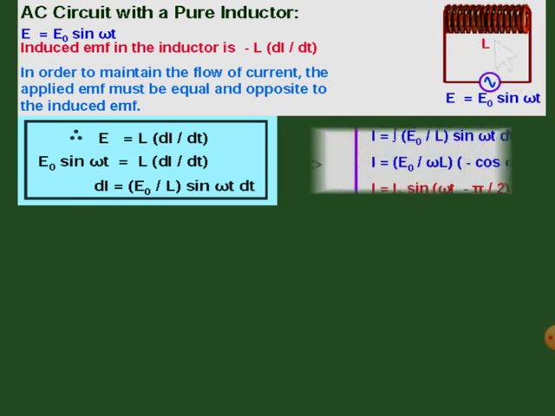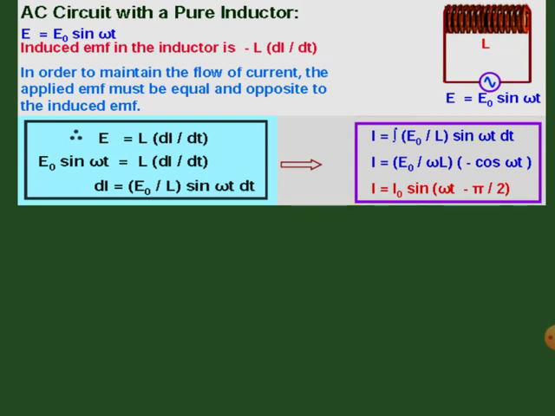Now if you try to find the instantaneous current passing through the inductor, then we need to integrate this equation. di is equal to E naught by L sine of omega t. When we integrate it, this E naught, the peak value, the maximum value, is always constant.